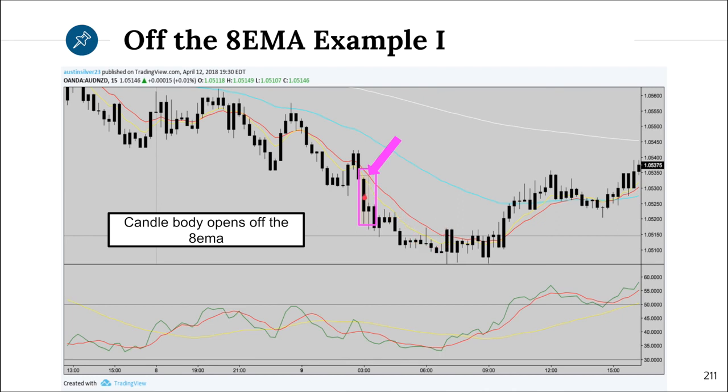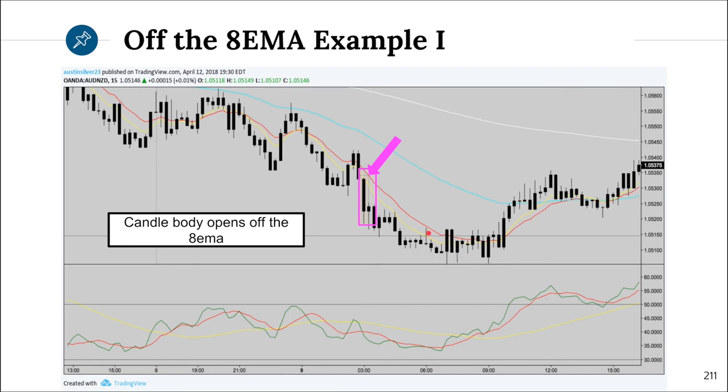You see how this candle pushes off the 8 EMA and none of these candles close back inside. This one leaves a wick, but it does not close underneath the 8 EMA until right here. When it does close under the 8 EMA, we're going to use that as a signal that the trend might be over and it might move into some consolidation.